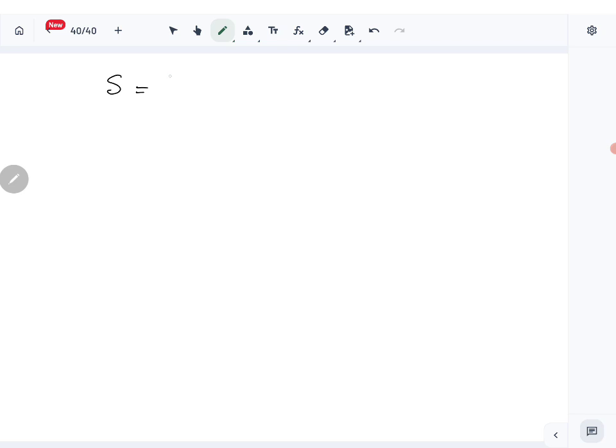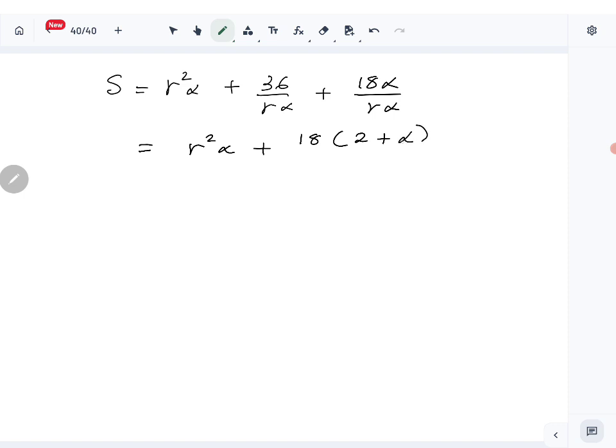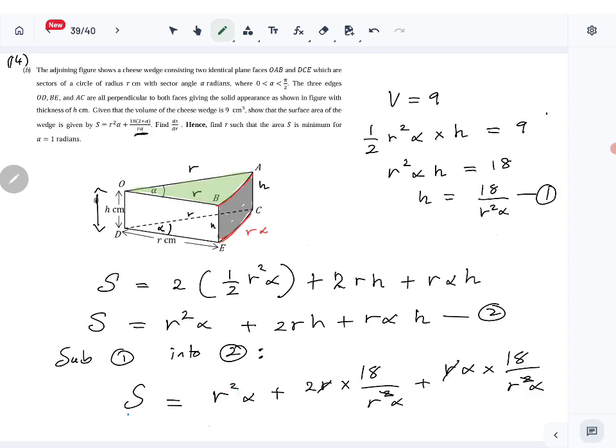S equals r squared alpha plus 36 over r alpha plus 18 alpha over r alpha. Combine the last two terms and take the common term out, which is 18. So 2 is left from the first one, alpha is left from the second one, right? So that is the expression we wanted, right?